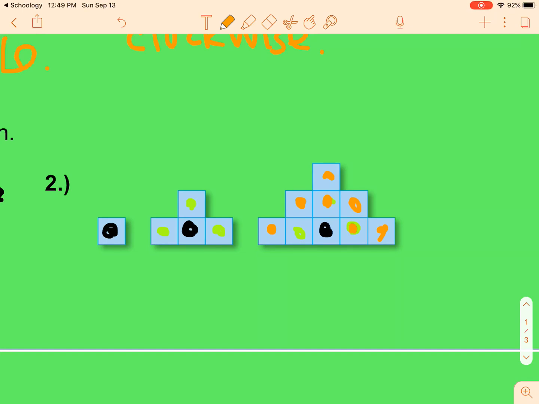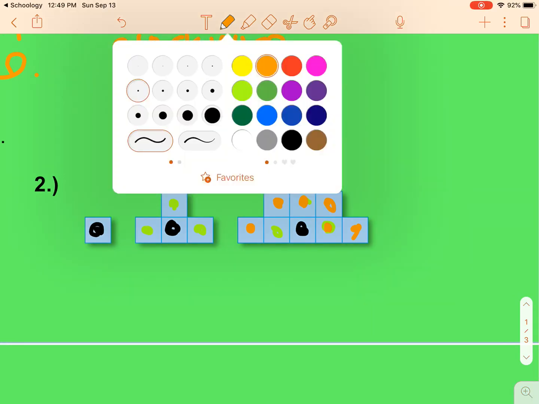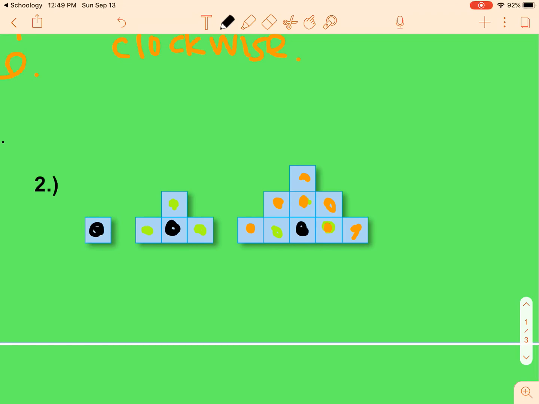So now we need to predict what's going to be the next picture. So I'm going to draw this same figure again. I'm going to draw it down here so I have a little bit of room. It kind of looks like stair steps to me. Alright, so I have it all set.